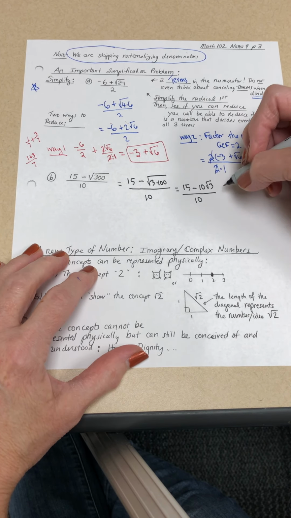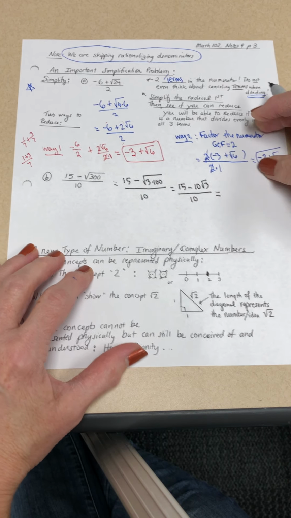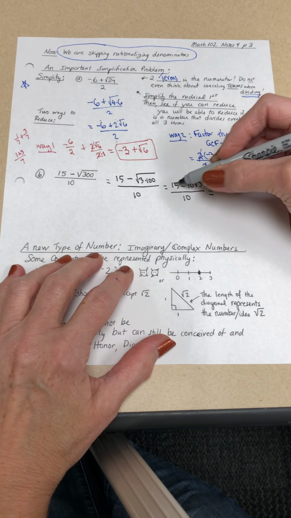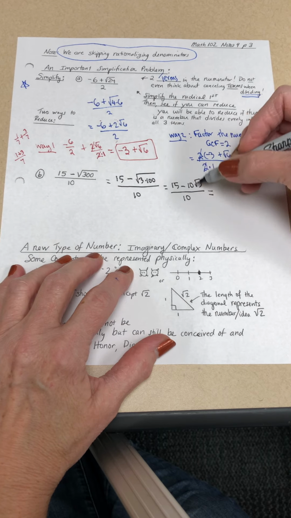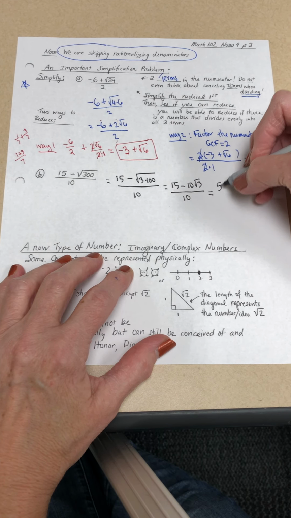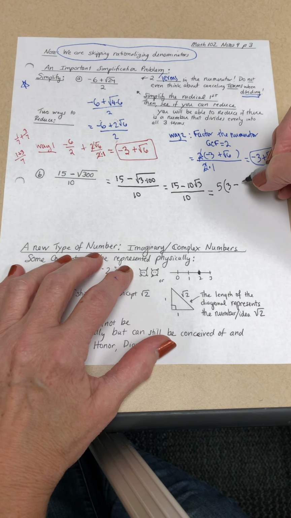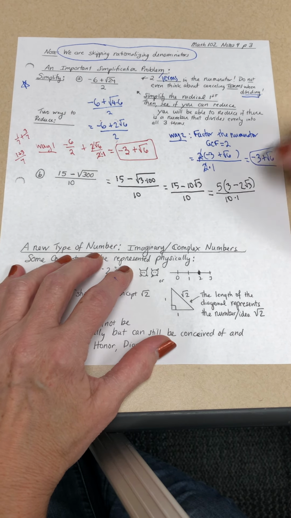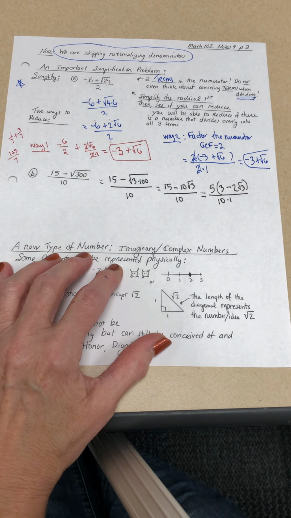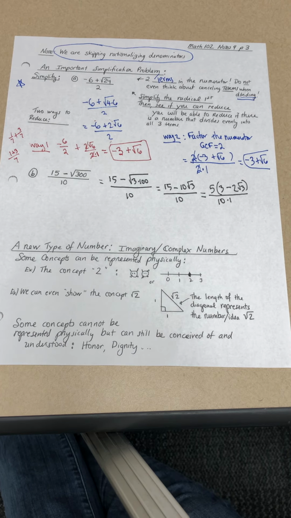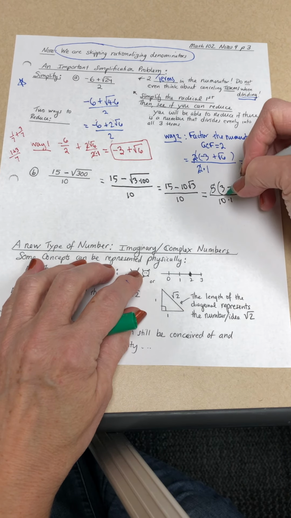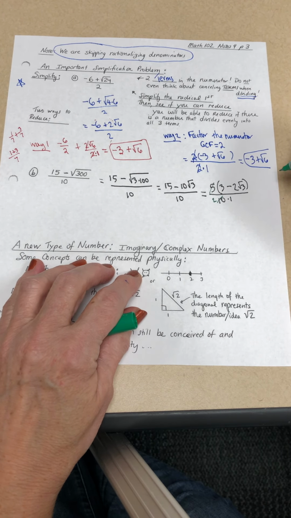So I'll first start by factoring it. So factoring just the numerator, that 5 is the GCF. So that leaves you with 3 minus 2 root 3 all over 10. And you can think of that 10 as 10 times 1. And then 5 goes into 5 once, into 10 twice.